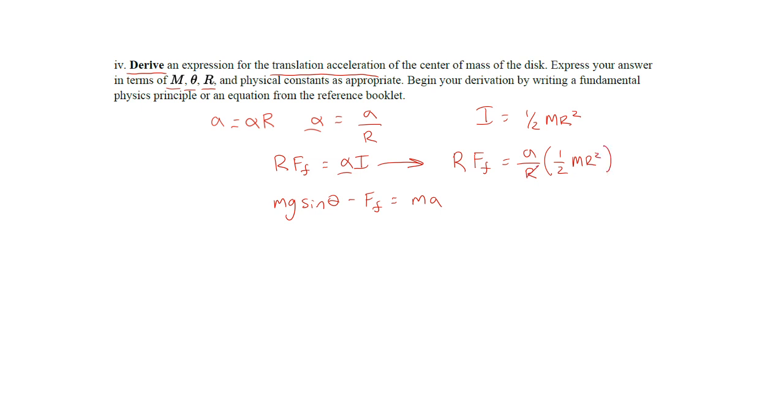So we get rid of one of the terms of the radius here, and then we can divide both sides by the radius. So that gets rid of our other term of radius. So we have, our friction is equal to a times m over 2.